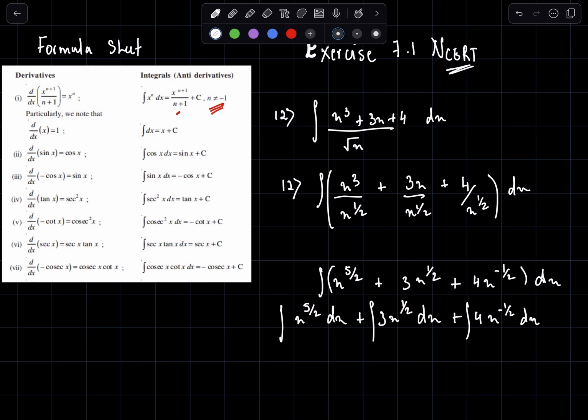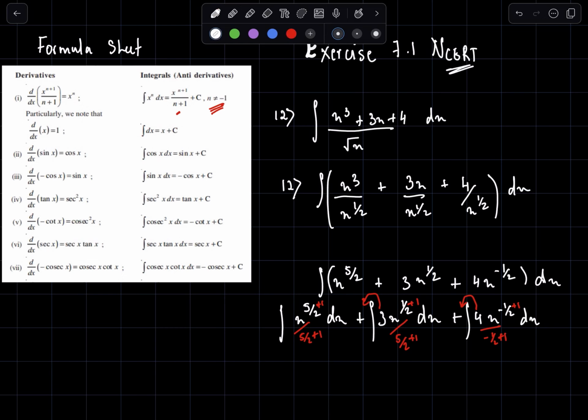We add 1 to the power, and divide by the new power. So 5 by 2 plus 1. Remember, the constant, we just bring it out. And minus half plus 1. That would be the integral value.